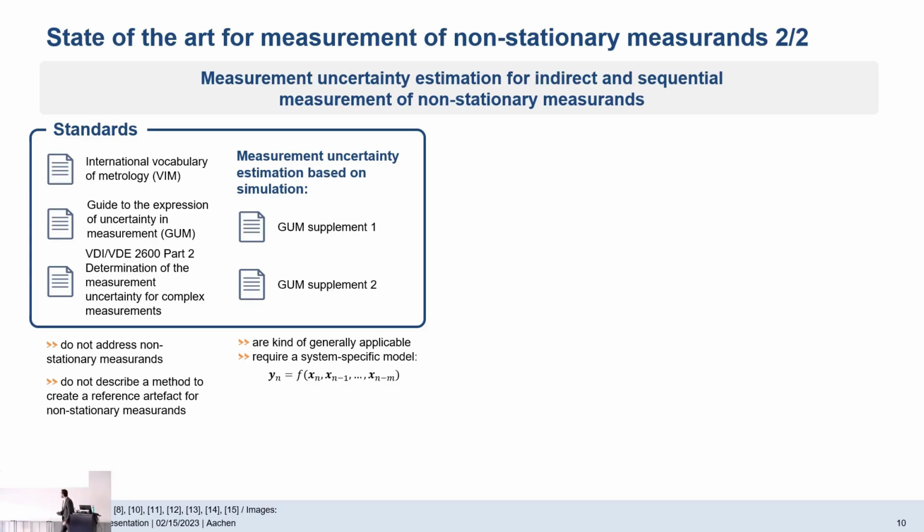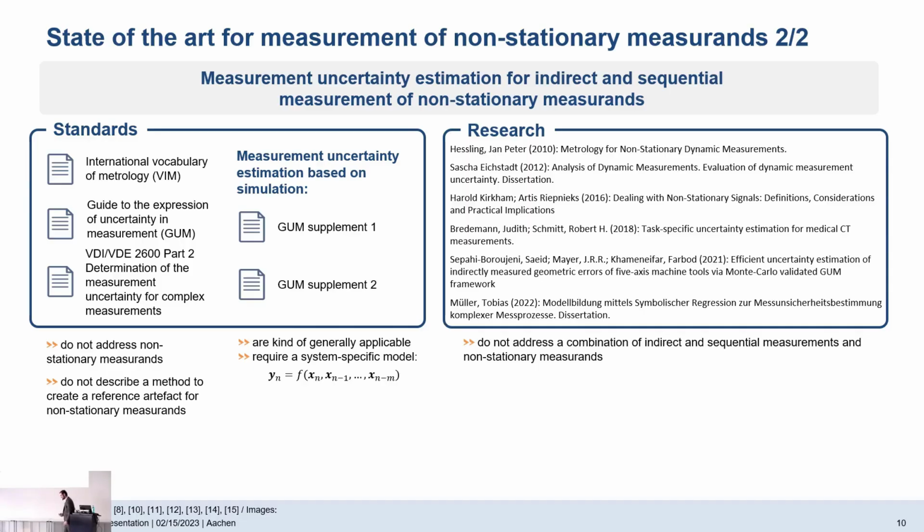So if we now look at the state of the art in research, so this is just an abstract here of some relevant publications and dissertations. The summary is that I didn't find a publication or a document which addresses this combination. So the combination of indirect and sequential measurements and non-stationary measurements.